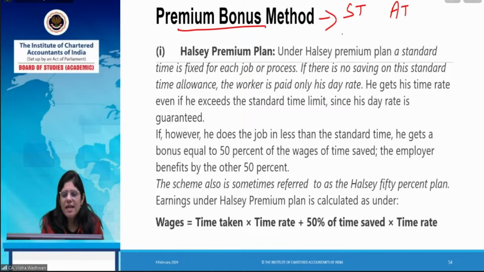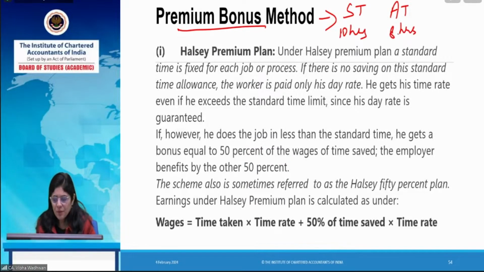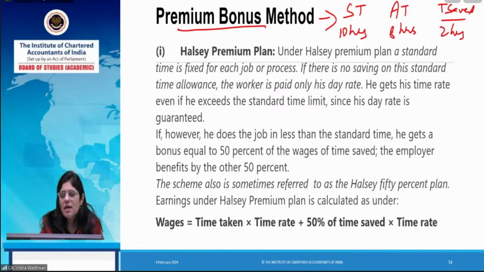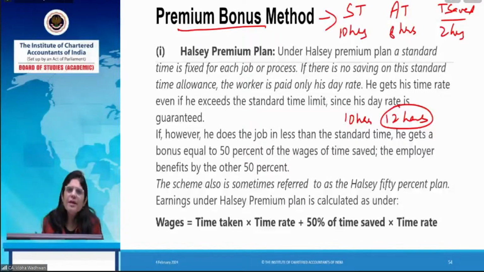Clear? If the standard time allowed is 10 hours and you do the job in 8 hours, that means you are saving 2 hours. So time saved is 2 hours. Then only is the bonus applicable to you. But if it is the other way around, it was 10 hours but you are taking 12 hours, you will be paid for 12 hours at the normal wage rate, but you will not get any bonus because you are not saving any time.